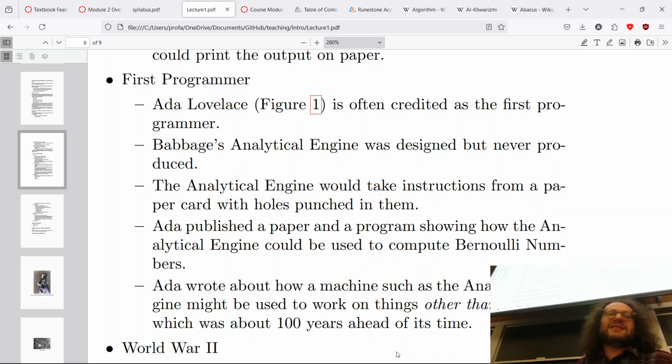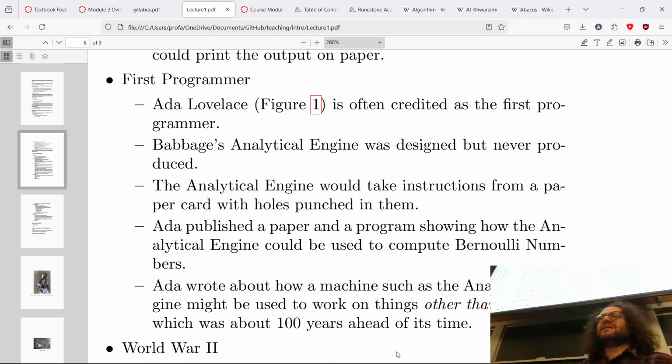And what Ada did is that she translated a paper, and then she added her own notes to the paper on this analytical engine, which detailed how a program written for this analytical engine could be used to compute things called Bernoulli numbers, which are important to statistics.